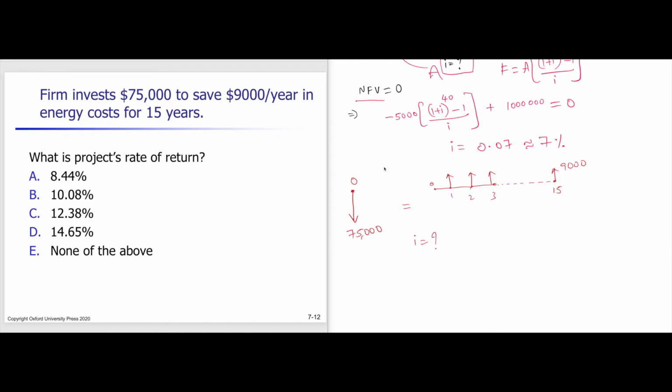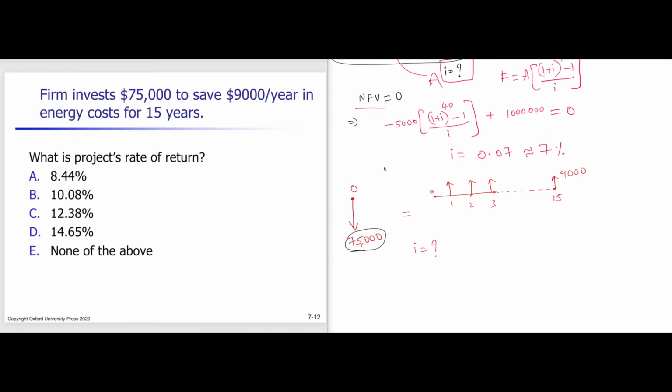What we have to do is convert every number into common terms. Either we convert everything to A, or to P, the present worth. So let me convert this A to P. The net present worth, or net present value, should be zero.